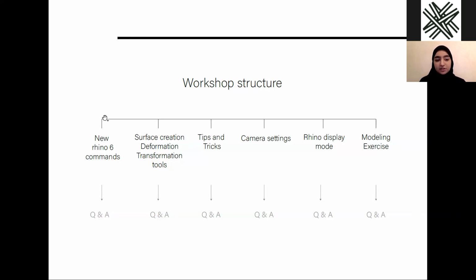I'm gonna start with new Rhino commands, which come with Rhino 6 specifically. And then I'm gonna move into surface creation and deformation transformation tools, which is where most of the interesting stuff happens.